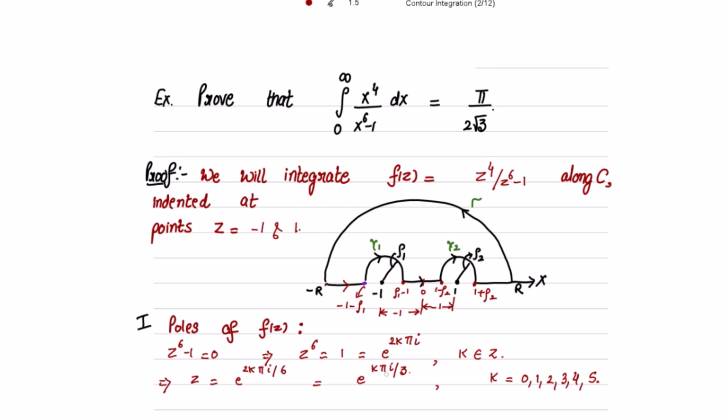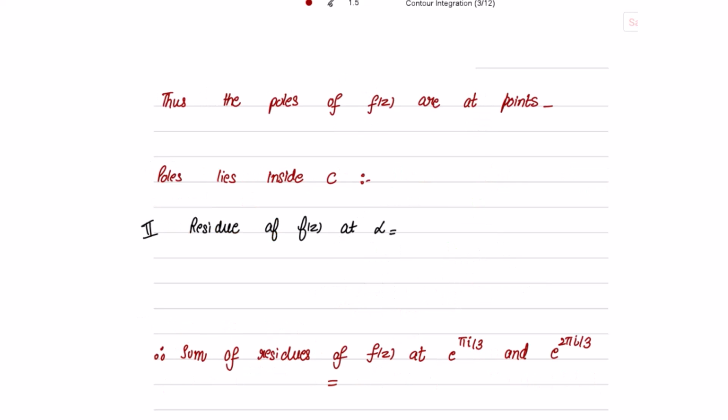If you put 0 over here, you get z equal to 1. Then if you put 1 over here, you get e to the power pi iota over 3. If you put 2 over here, you get 2 pi iota over 3, then 4 gives e to the power 4 pi iota over 3, and so on. Just put the values of k one by one to get the points.